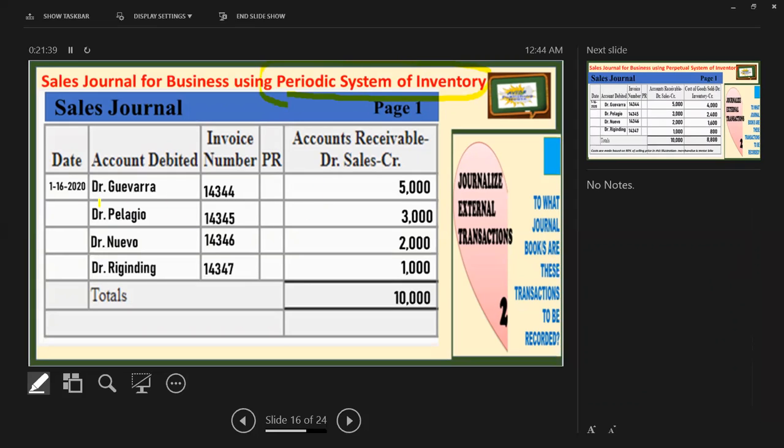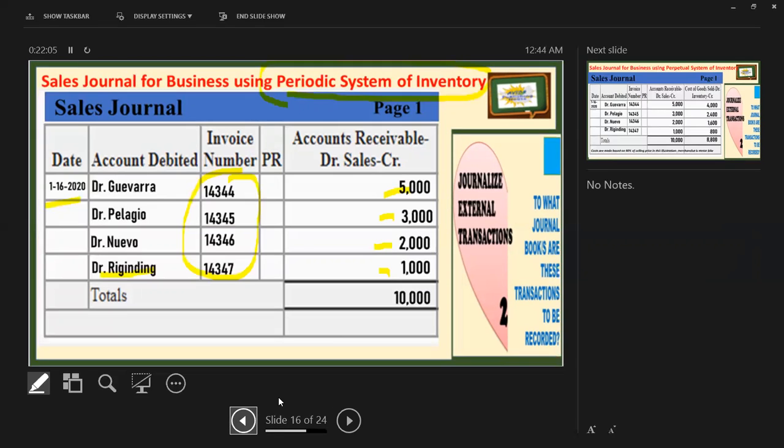So we'll just write down the date, the names of the debtor or buyer on account, then the invoices covering the sales to these clients, and then the amount.